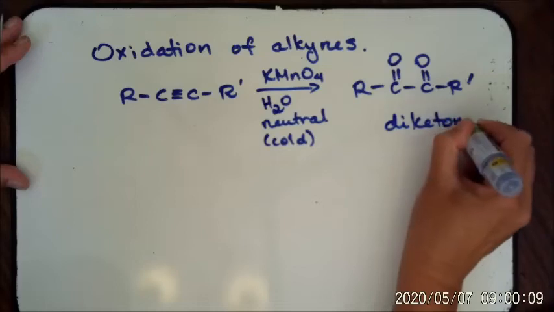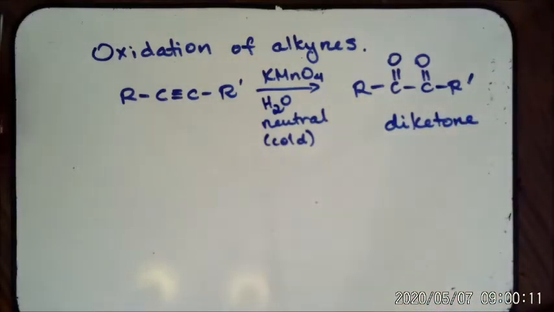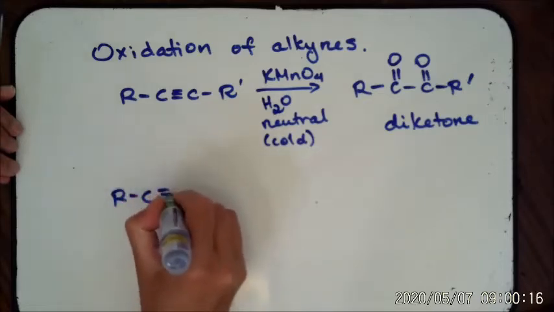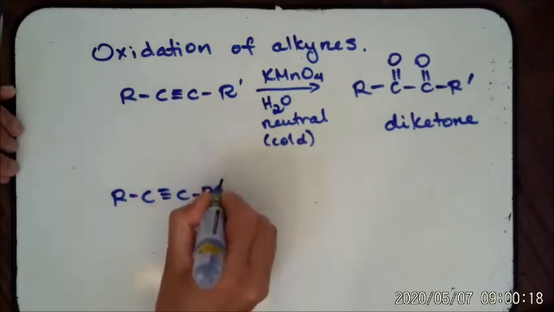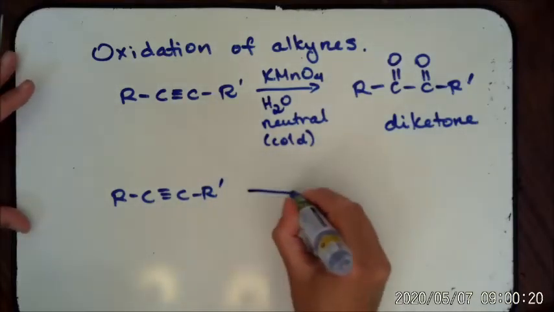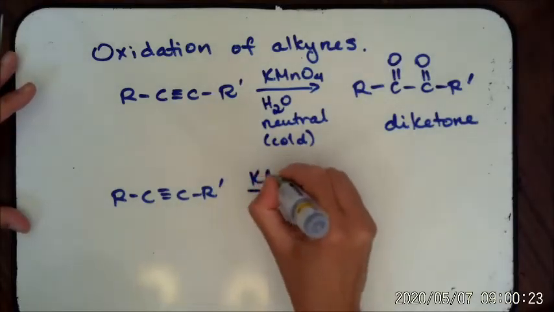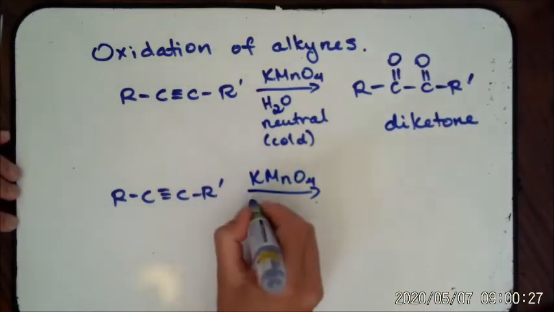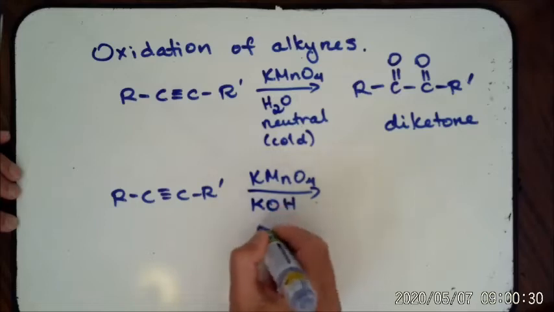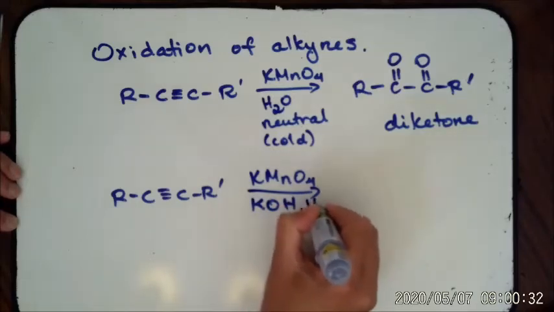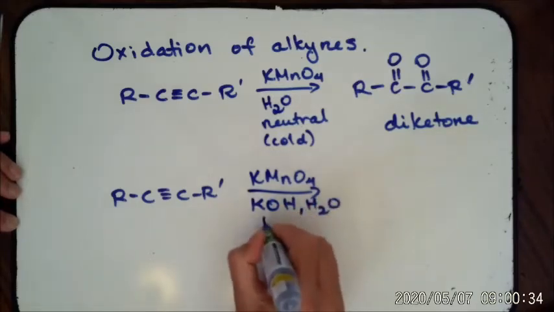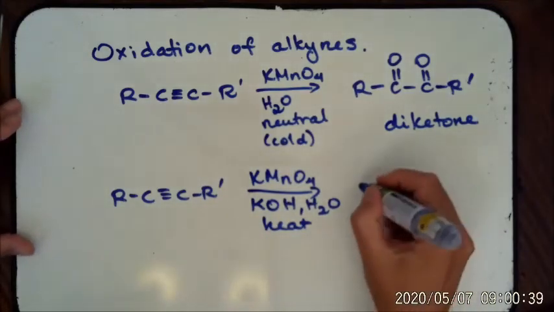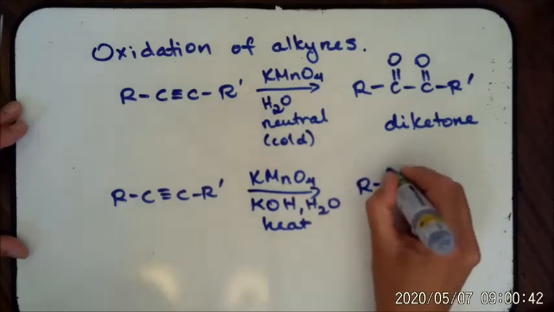What happens if it's more concentrated and you heat it up? If I take potassium permanganate, basic, and you heat it, you're going to get 2 carboxylates.